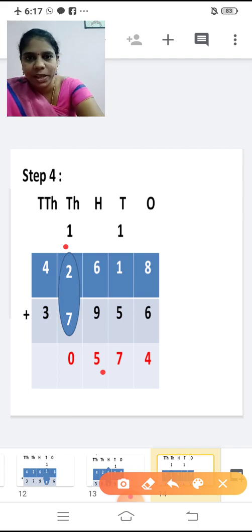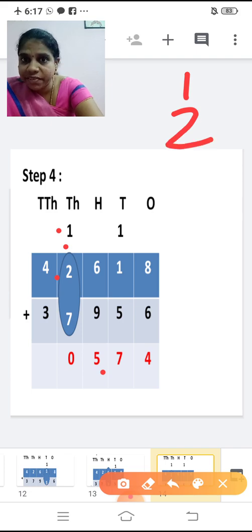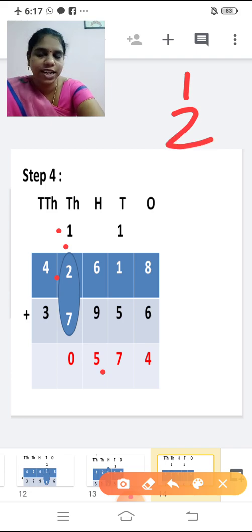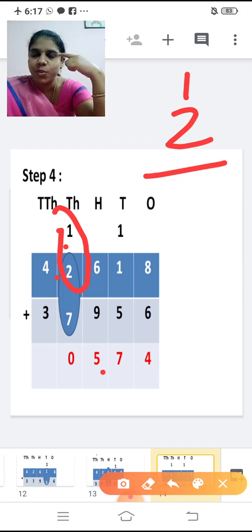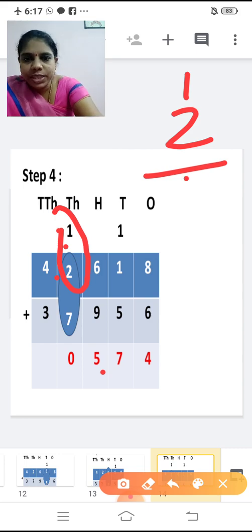Shall we add the thousands place now? Don't forget to add the carry over. So 1 plus 2. First take the carry over and the 2. You can add in any order, right? So I'm adding 1 plus 2 first, and after that adding 7. After 1 I add 2 numbers: 2, 3. With this 3, I'm going to add this 7.